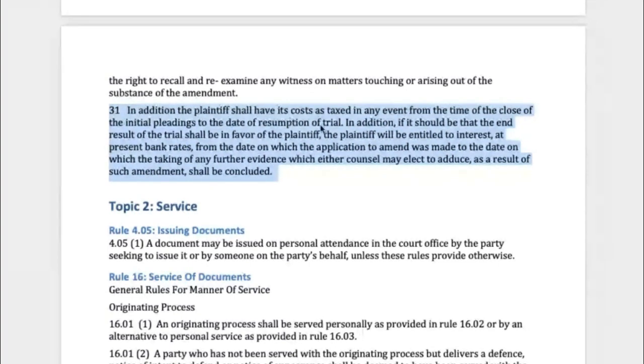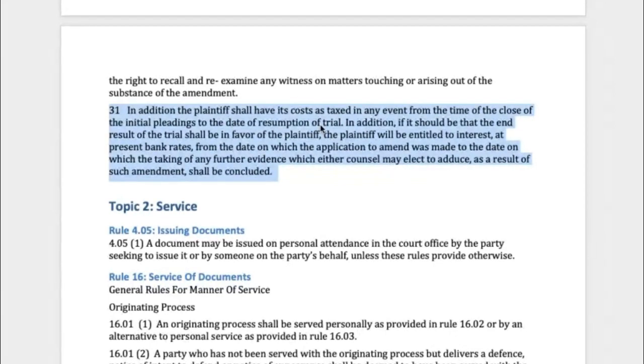So what they're saying at paragraph 31 is that Ross is going to have to pay extra money to MacDonald to compensate MacDonald for the extra lawyer fees that MacDonald has to pay because Ross didn't argue vacancy initially when he was supposed to.